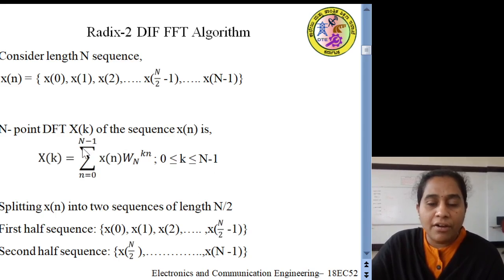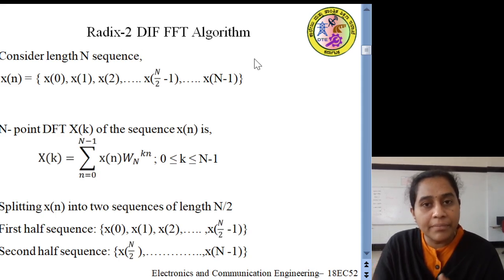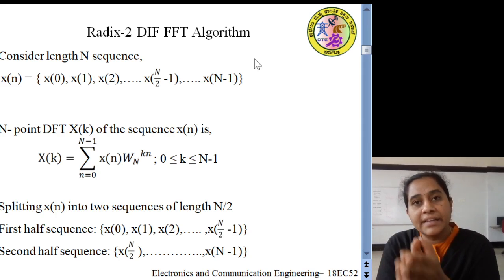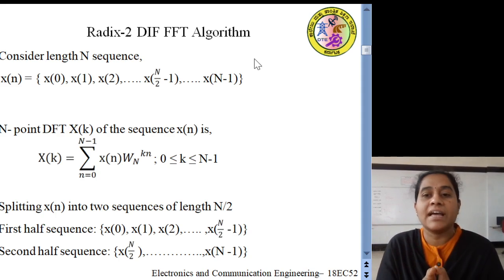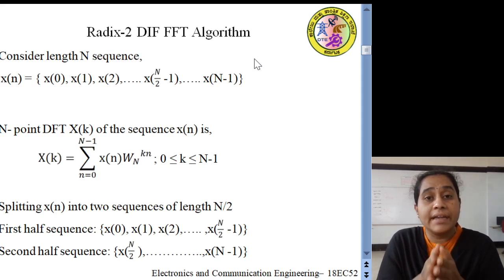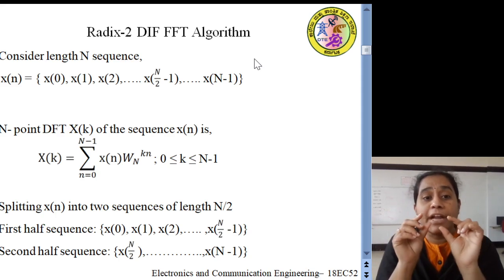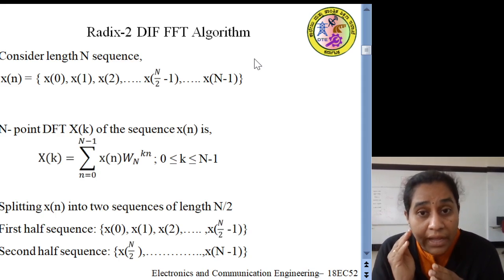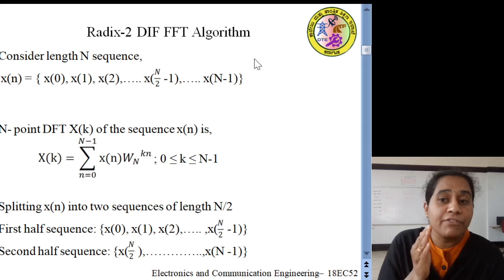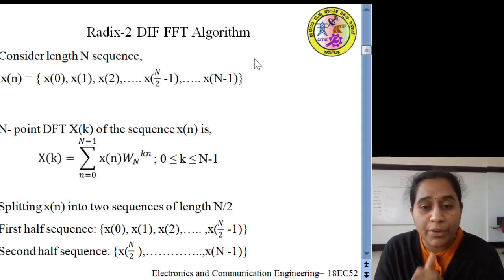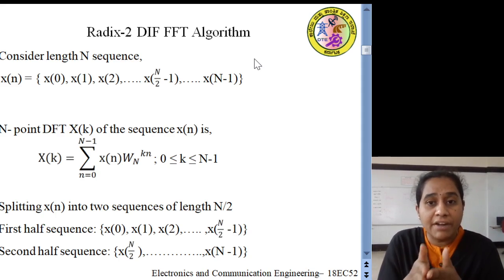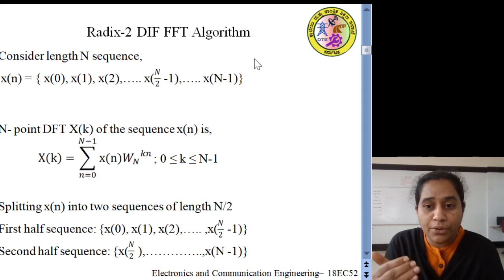Here, as it is a radix 2 DIF FFT algorithm, the basic concept behind radix 2 algorithms is that we keep dividing till we obtain 2-point DFTs. In this particular decimation in frequency algorithm, we are splitting, or decimating, the time domain sequence x of n into two sequences of length N by 2.